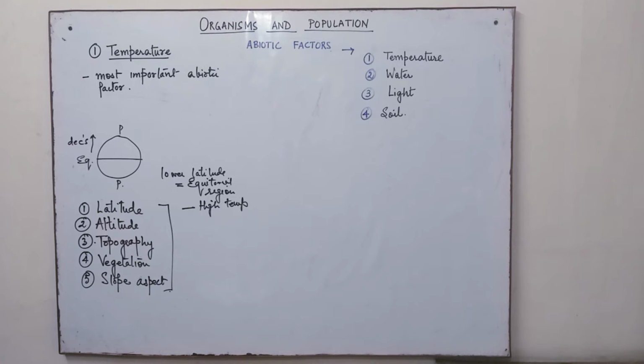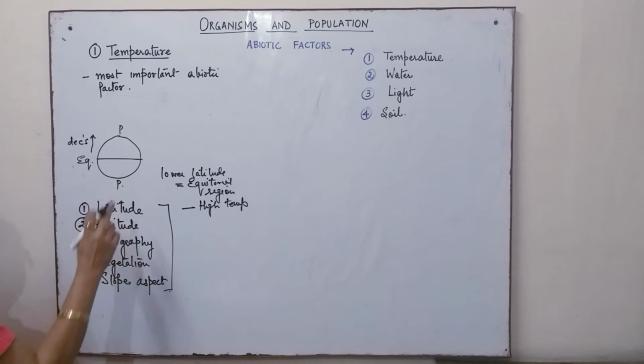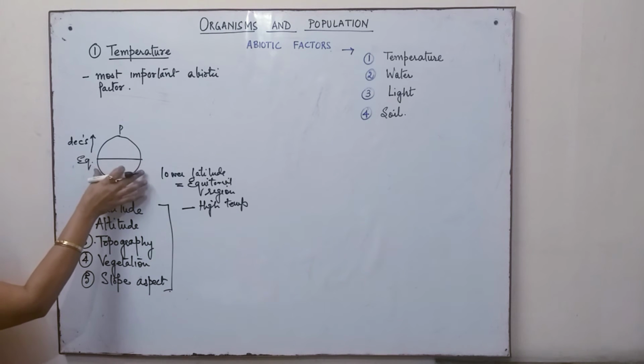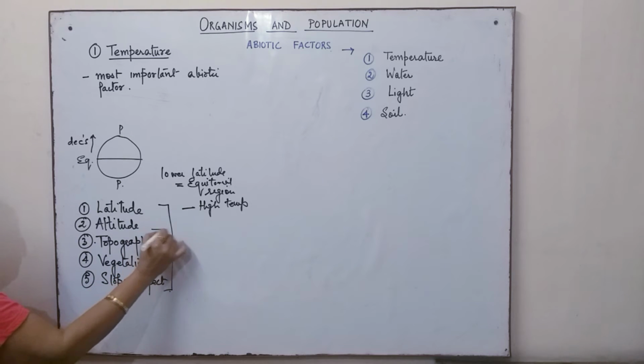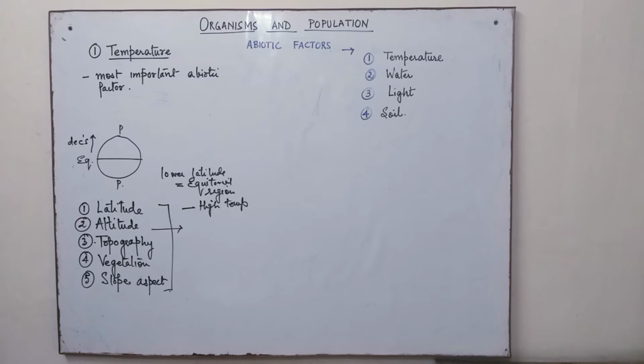The higher latitudes receive the slanting rays and therefore have low temperature. Talking of altitude, as we move from plains to mountains, the altitude increases and the temperature decreases. The higher the altitude, the lower will be the temperature.